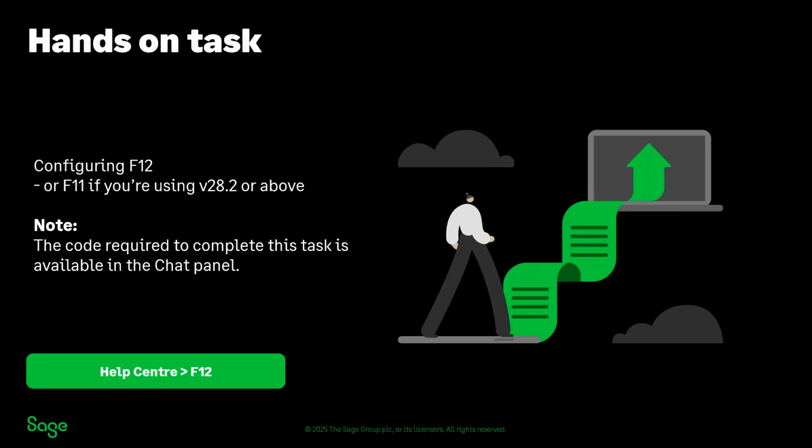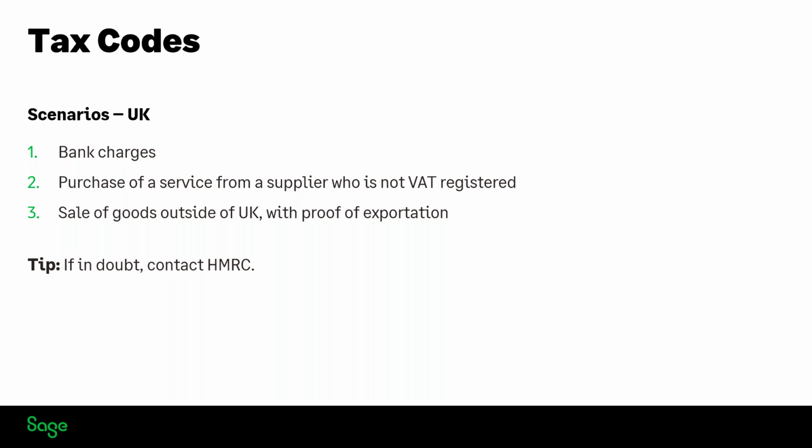So that hands-on task, F12 or F11 you can use as well if you're using version 28.2 or above. But again, let us know if that's worked for you. Right, for those of you that have got it working, what I'd like you to do is maybe try these scenarios very quickly.